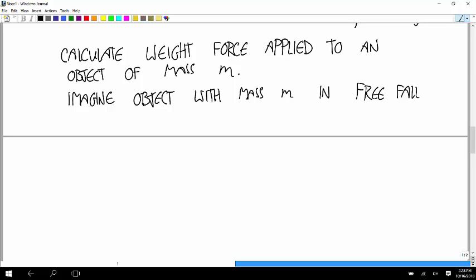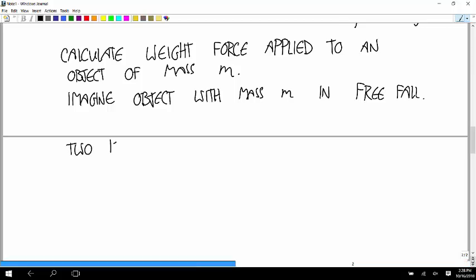Okay, so free fall. This is going to be really useful because there's two things we know about an object in free fall. So two key facts in free fall. The first one is that the only force acting on an object that's in free fall is the weight.